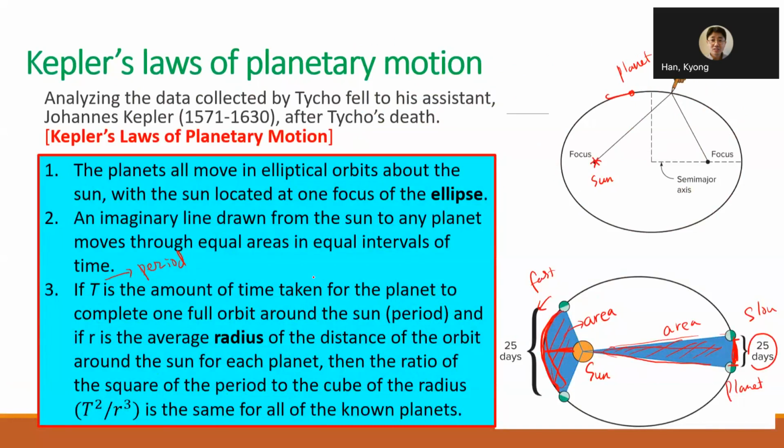This is Kepler's three laws of planetary motion. It's very important, and it was later analytically derived by Newton's mechanics. Yeah, Newton derived this one also.